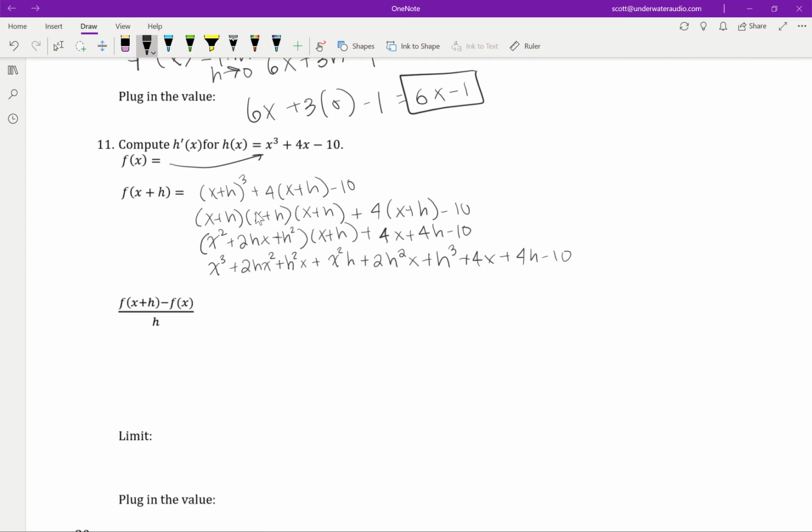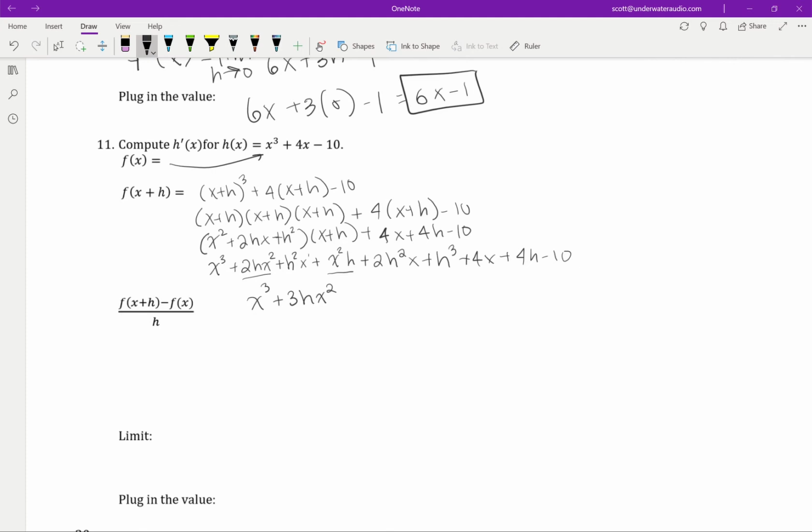Okay, so I have a 2hx squared right here and an x squared h. I think that's the only one. So if I put those two together, that's going to be x cubed plus 3hx squared. Then h squared x.